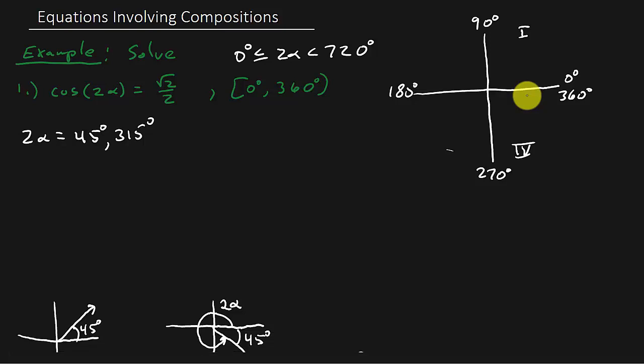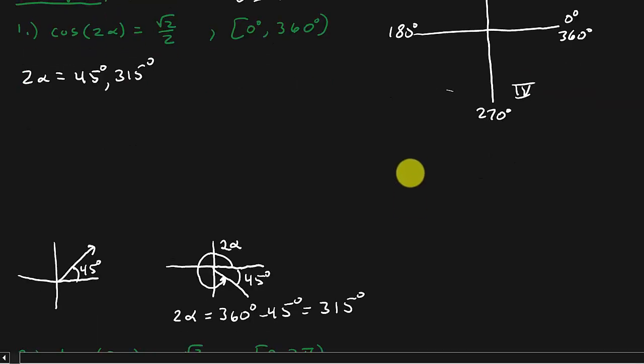All right. Now, this is where you've got to dig all that information out of your brain, okay? Do you remember coterminal angles? Okay, so look at this. This is 45, right?